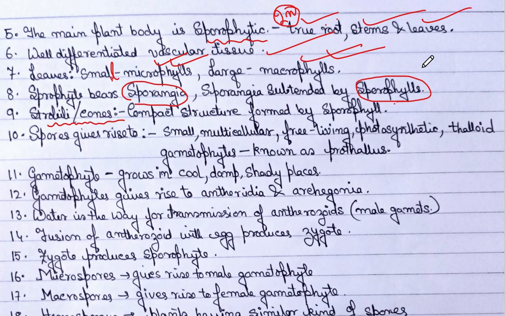So the sporophytes bear sporangia. Sporangia are covered by sporophylls. In some places the sporophylls form a compact structure known as strobili or cones.